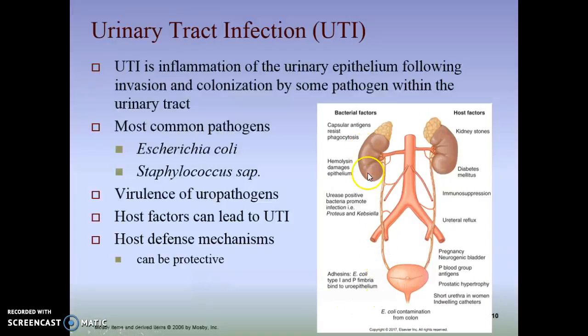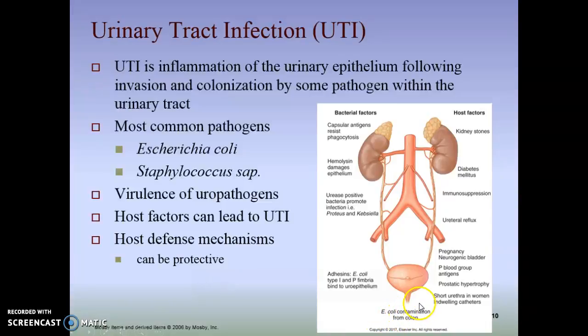Here you have hemolysin that will damage epithelium. You can have different mechanisms that go on, different bacteria that get in. Here you have Proteus and Klebsiella. But really E. coli down here, contamination from the colon is going to be the number one reason.